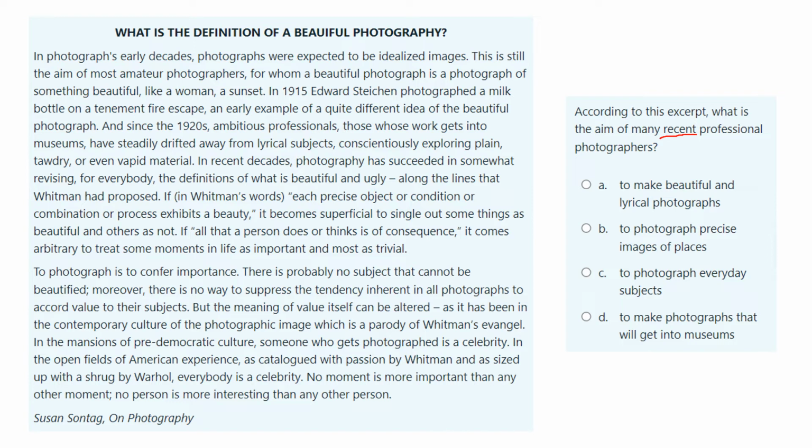Well, in the first paragraph, we had like a tour through history of what people did. So in early decades, photographers wanted idealized images. That was a long time ago, though.